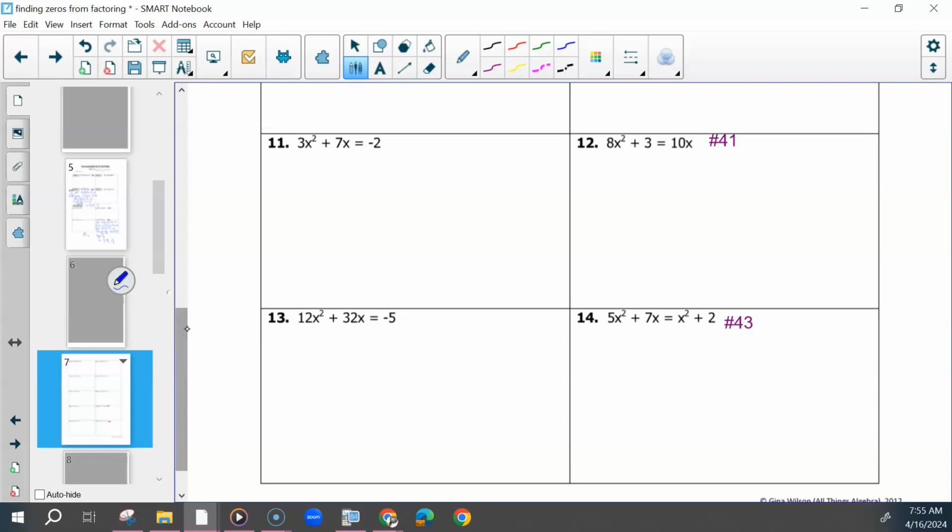So in 12, I have to move the x term back over. I would say wherever your x squared is positive or would make it positive, move it to that side. It doesn't have to be, it would just make your life easier.